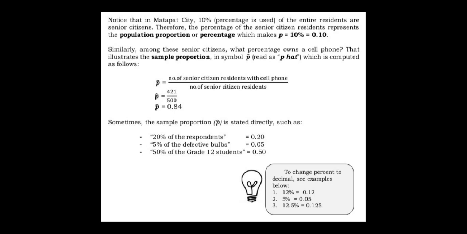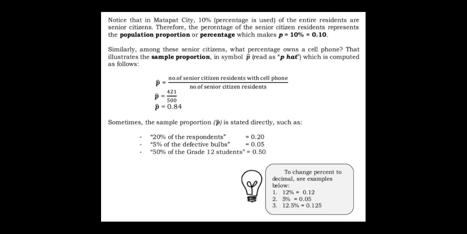Similarly, among these senior citizens, what percentage owns a cell phone? That illustrates the sample proportion, in symbol p-hat, which is computed as follows. p-hat is equal to the number of senior citizen residents with cell phones over the number of senior citizen residents.